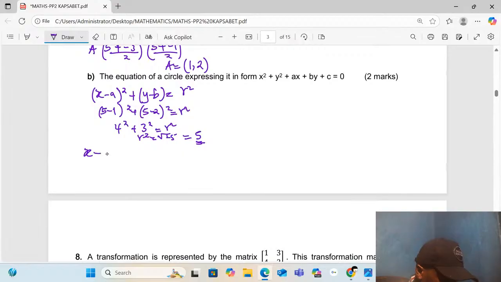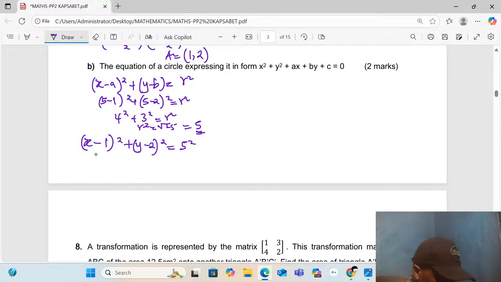Now we want to find the equation. (x minus 1) squared plus (y minus 2) squared, which gives us the radius, which is 5 squared.